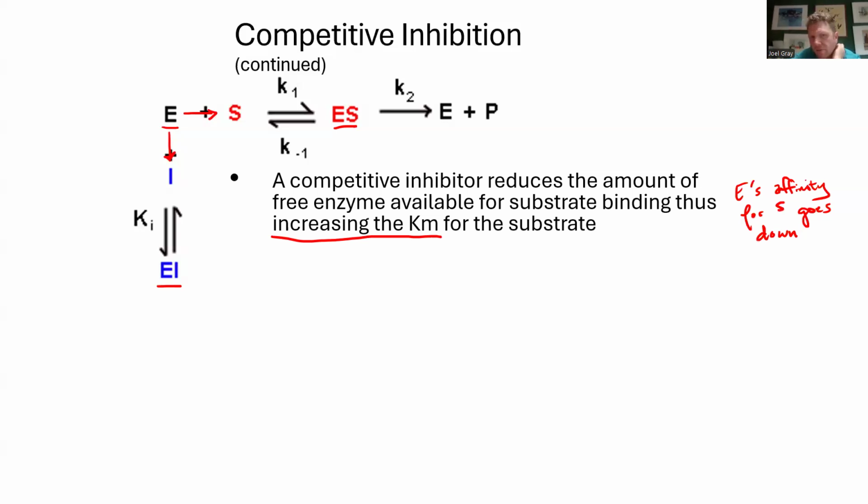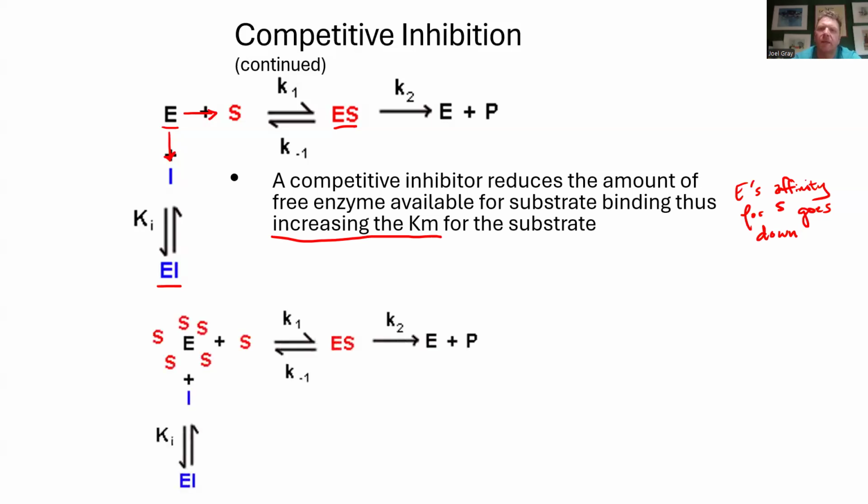Now, one of the things you can do to combat a competitive inhibitor is, well, remember our enzyme has an equal chance of binding the substrate and the inhibitor. What if you put more substrate in there? Then all of a sudden it's not 50-50. Instead, it's like you got 6 copies of the substrate, 1 copy of the inhibitor.